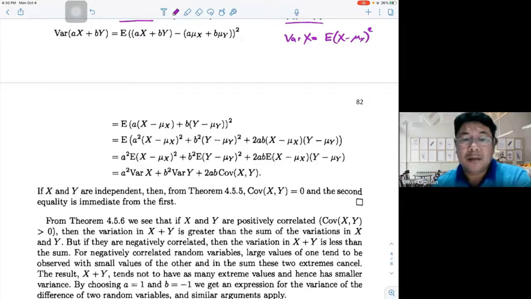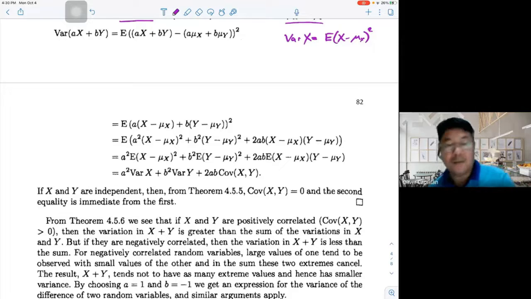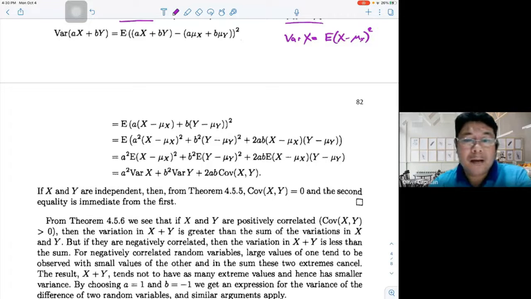Then the fourth equality, we apply the property of the expectation operator. And therefore we arrive at the last equality that proves our theorem. So if x and y are independent, obviously the covariance will be 0, and that gives us the second equality in our proof.